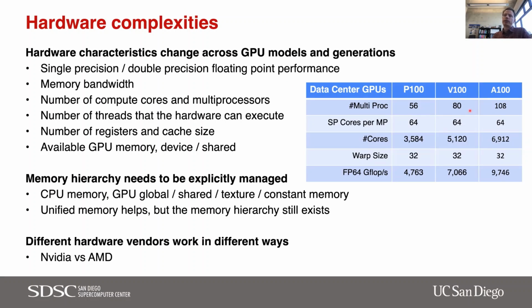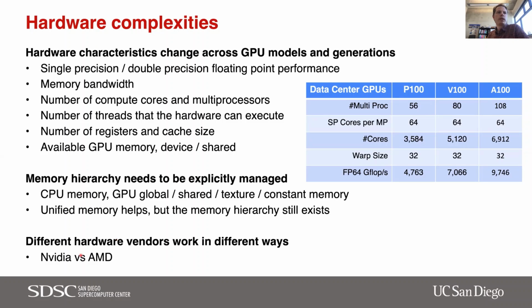For instance, the V100 has 80 multiprocessors with 64 compute cores per multiprocessor, so a total of about 5,000 compute cores. That means you need to write a program that launches multiples of these 5,000, so on the order of tens of thousands of threads. So you need to be able to write massively parallel applications, or re-express a problem in a massively parallel fashion.